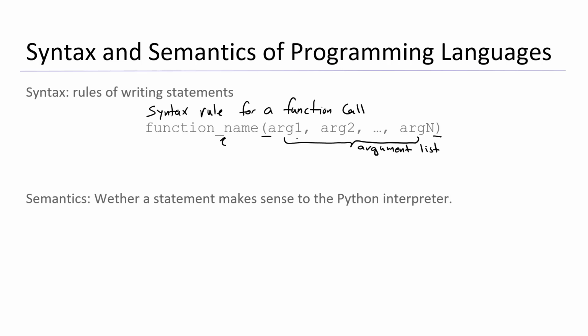And in the argument list, you will have a number of arguments, and these arguments are separated by commas. And you can have any number of arguments depending on the function. Some functions take one argument, some take no arguments, and some take n number of arguments.